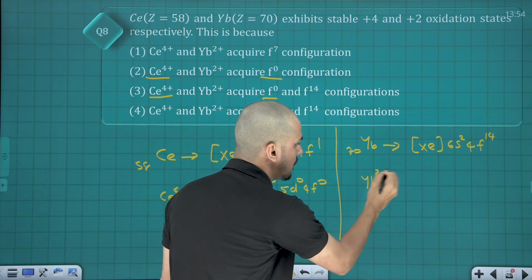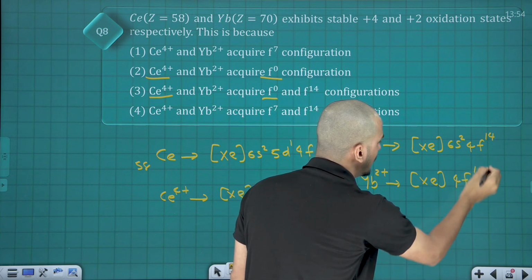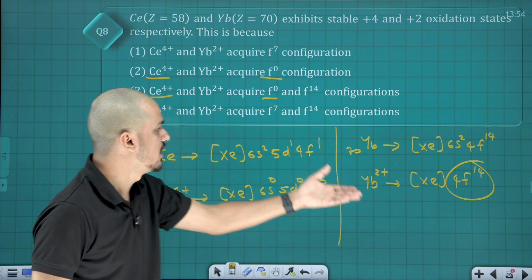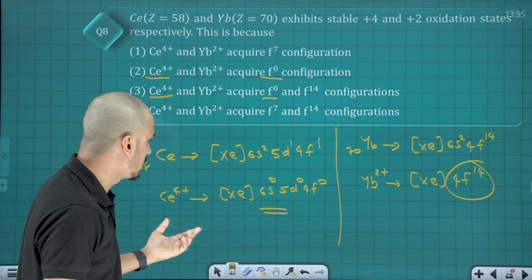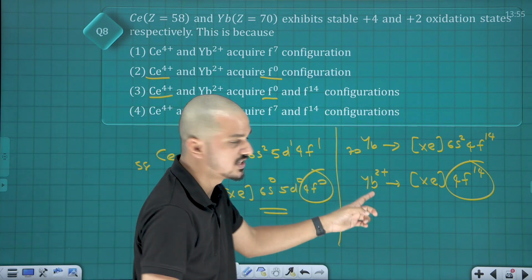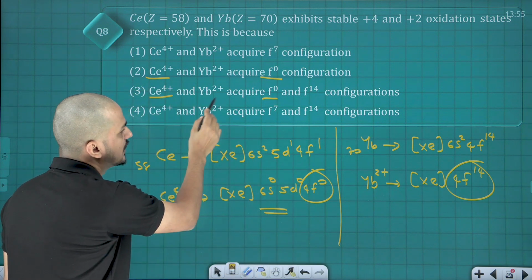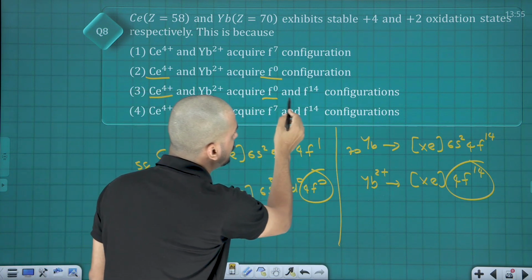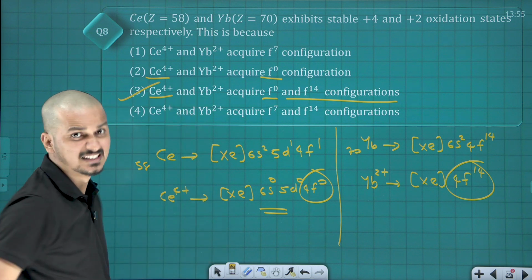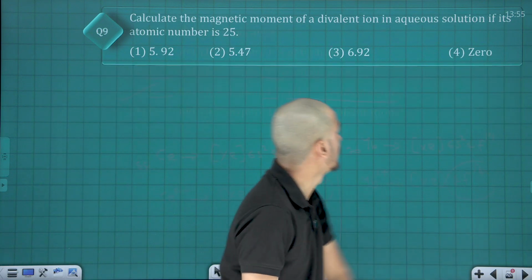So ytterbium will show +2, meaning xenon 4f14. So in the case of Ce4+ it is 4f0, and in the case of Yb2+ it is 4f14. So Ce4+ and Yb2+ have F0 and F14 configuration. So option 3 is the correct answer. Ready guys? Okay, we can move to the next question.